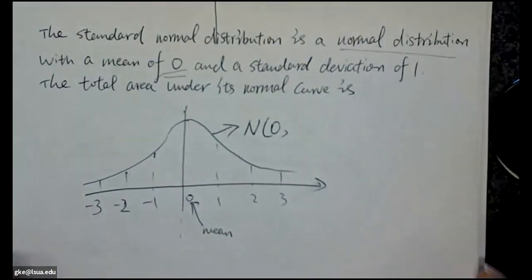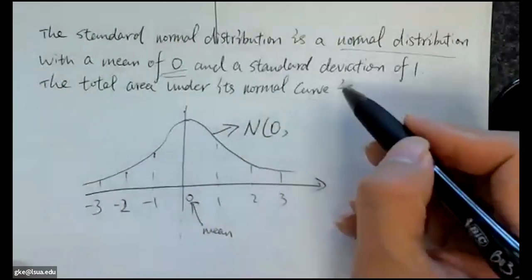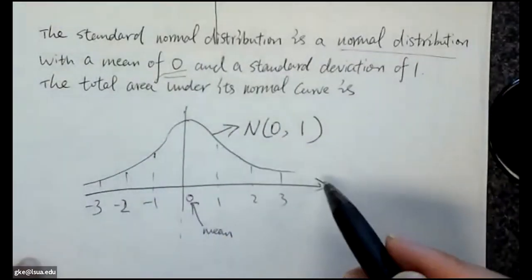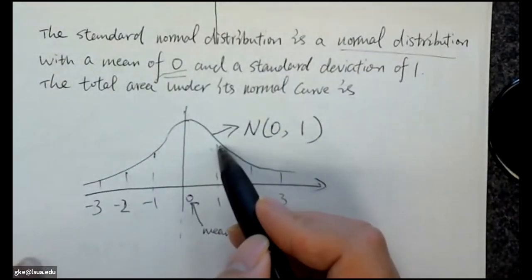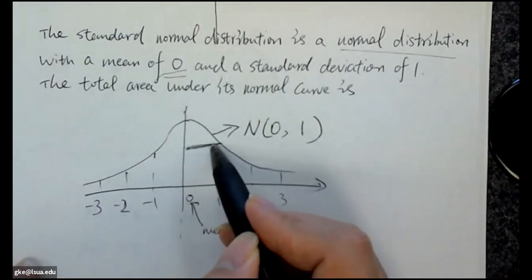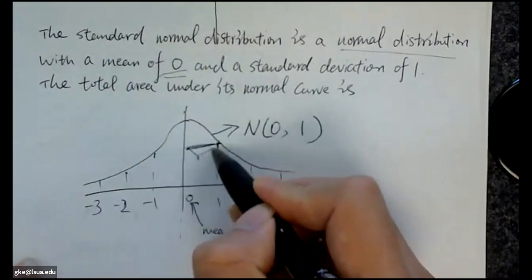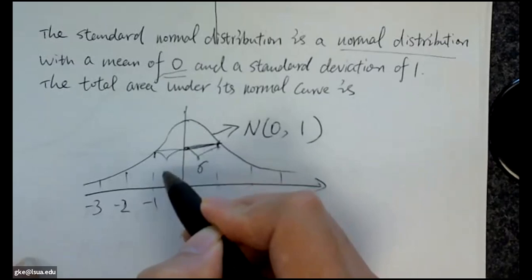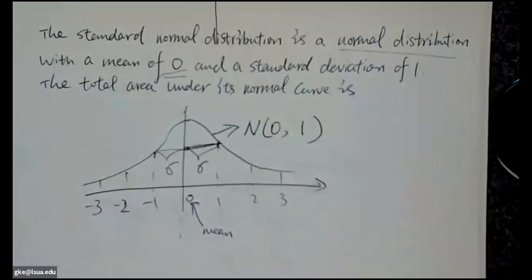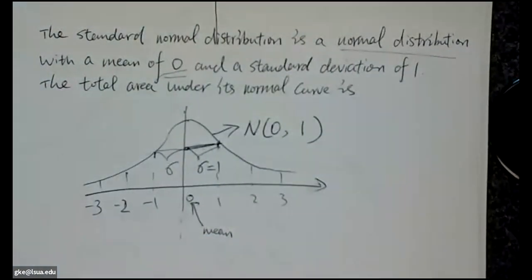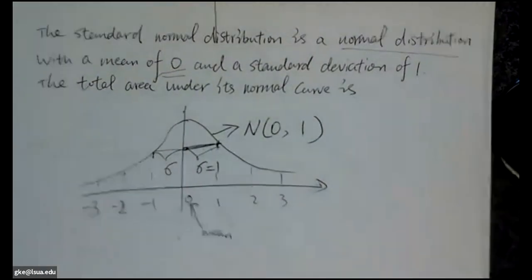And the second one is the sigma, that is 1. Sigma means the width. Sigma is 1. So that's the standard normal distribution.